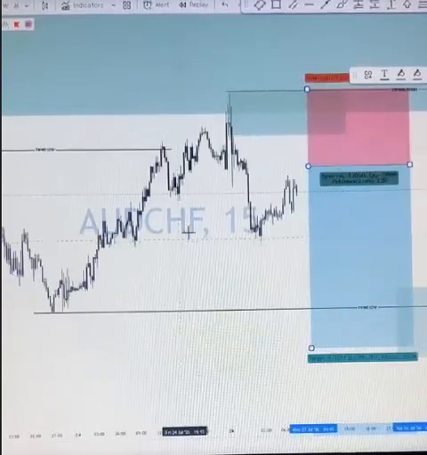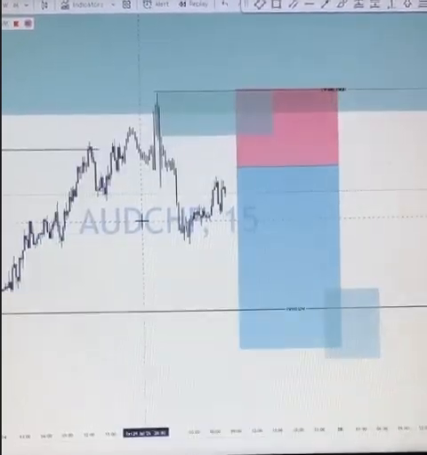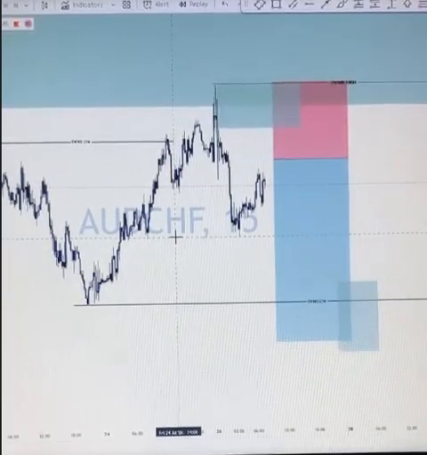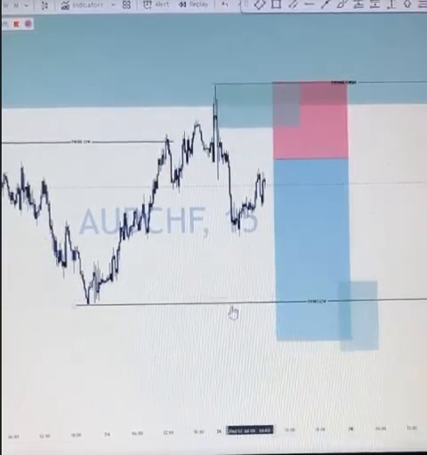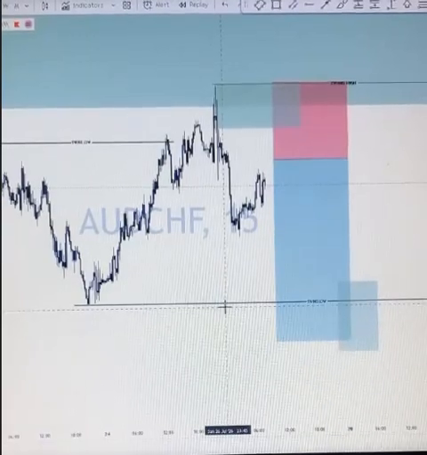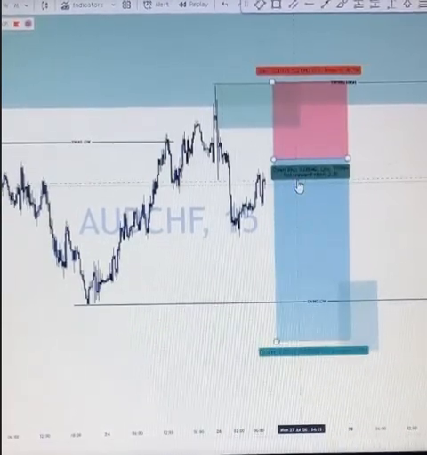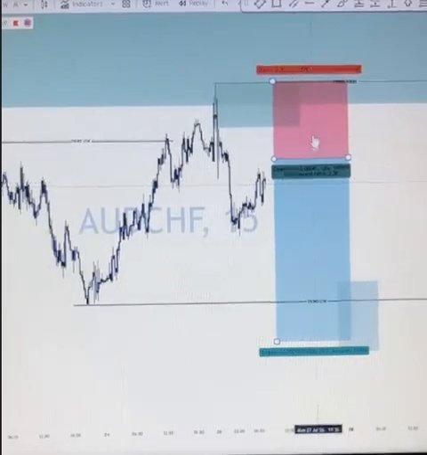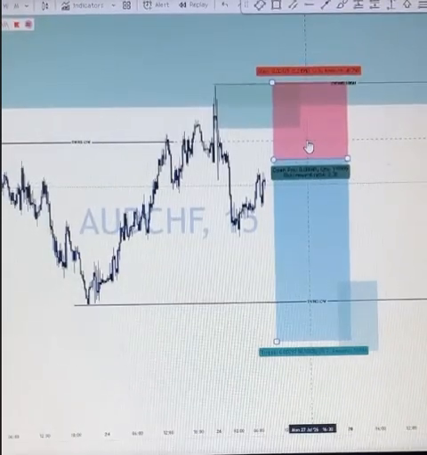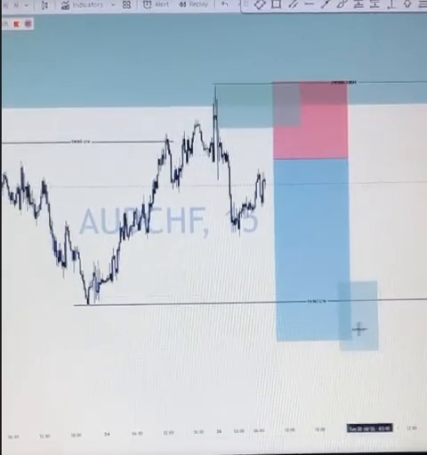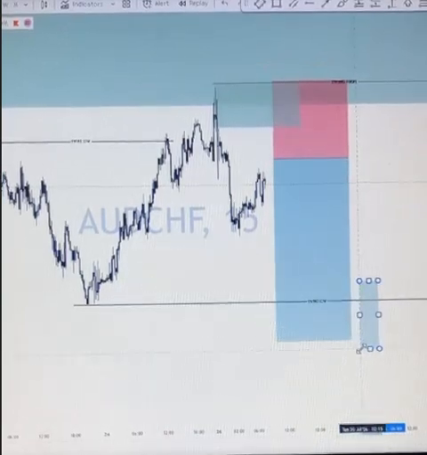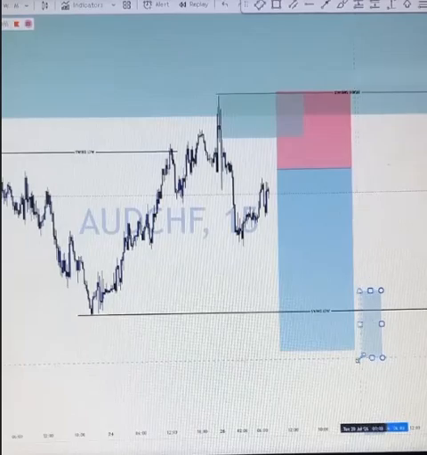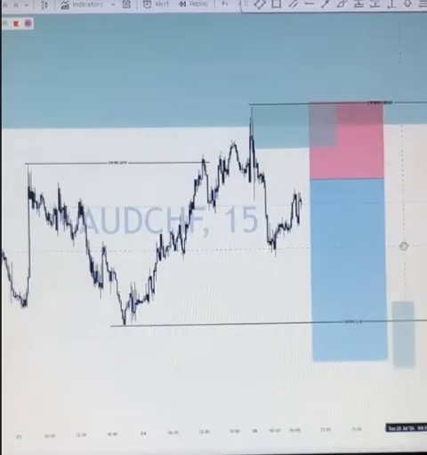Now, listen. For our sell to be strong, we need this low to be broken. You see, the sell we are taking here is not a high probability setup. This sell is going to become a high probability setup if this low is broken, because 4 hour is still bullish.